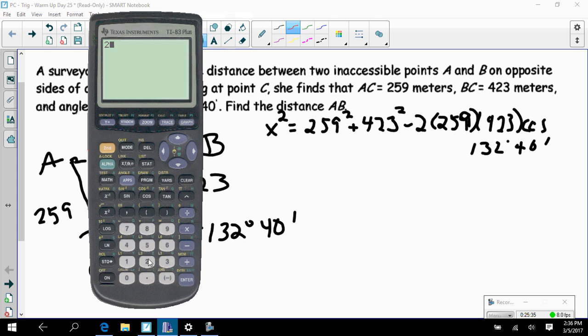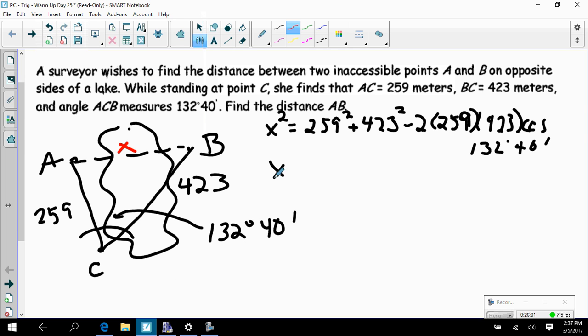Okay, so I can do 259 squared plus 423 squared minus 2 times 259 times 423 times cosine of 132 degrees, gotta go second apps, 40 minutes, second apps again, gives me that big number.